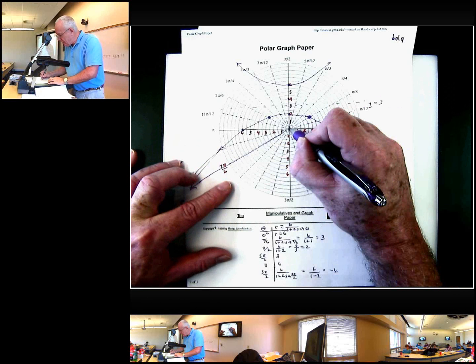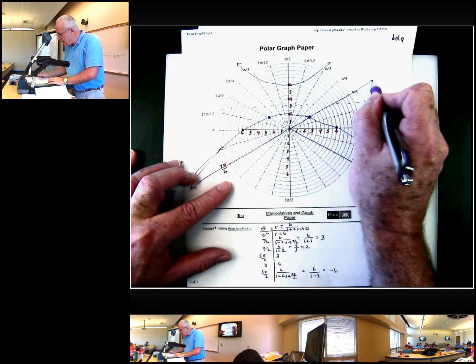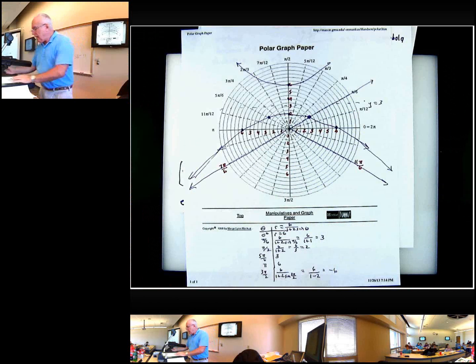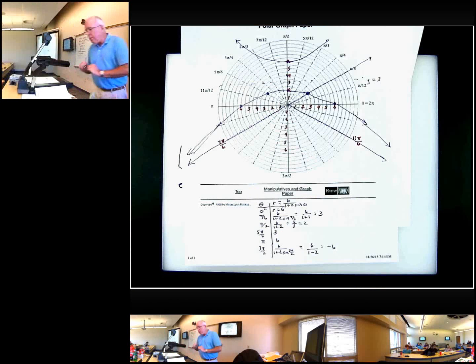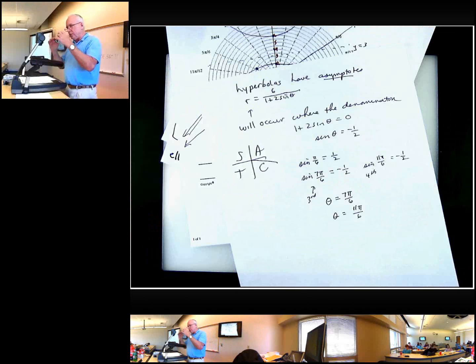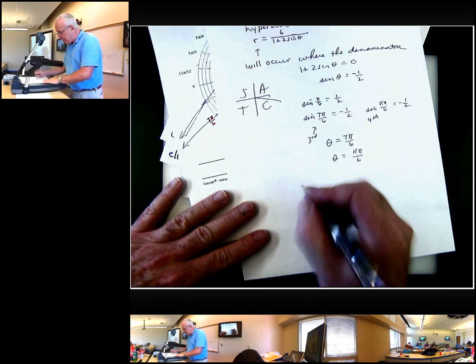Now this way, it's not going to be quite right that way. What we can say is this. We'll get those two angles where the denominator is equal to 0.